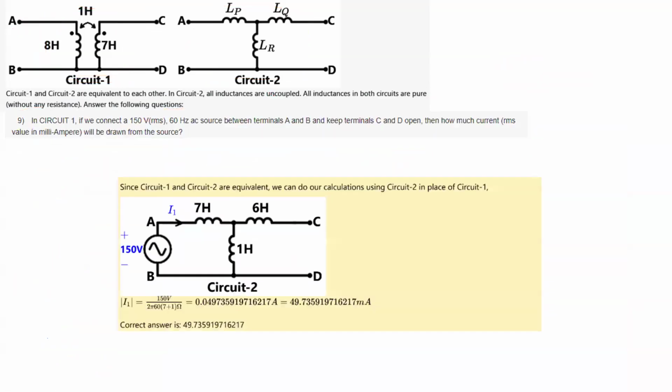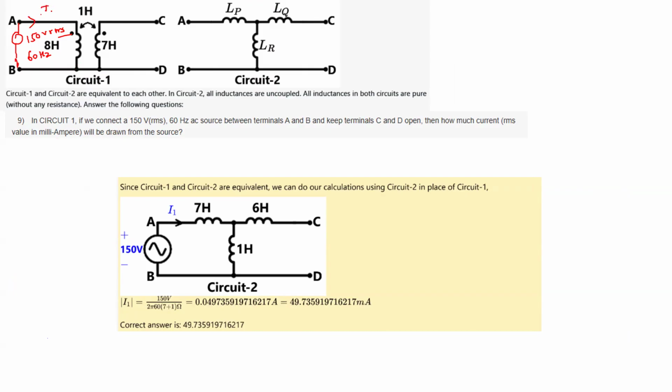Now going to the other two parts of this question. They are asking that if in circuit one we connect a 150 volt RMS, 60 hertz AC source, how much current will be drawn from the source?